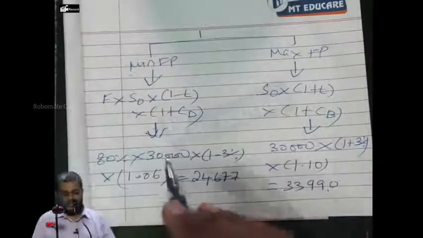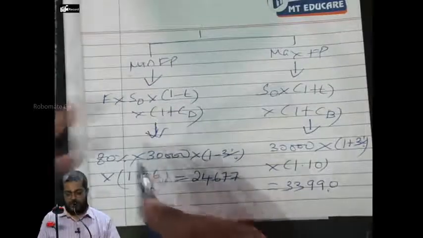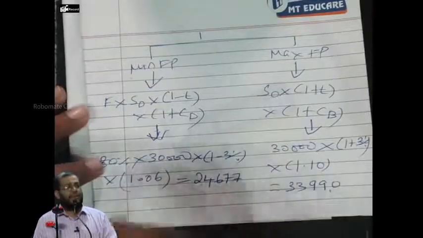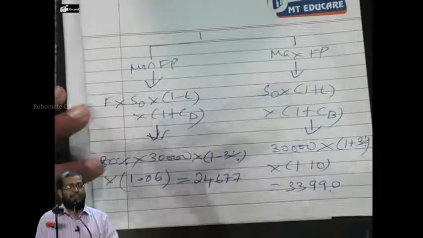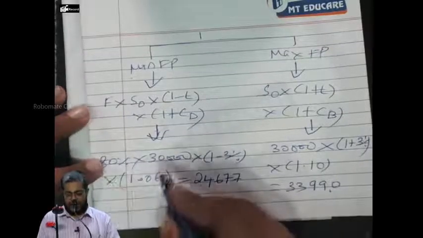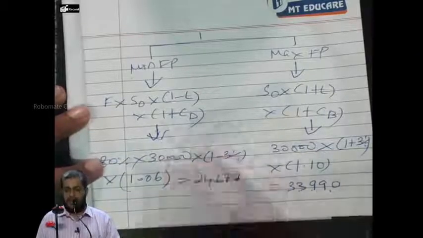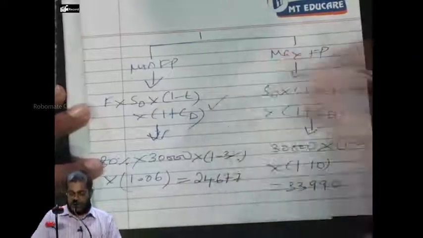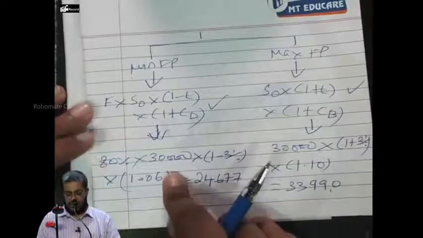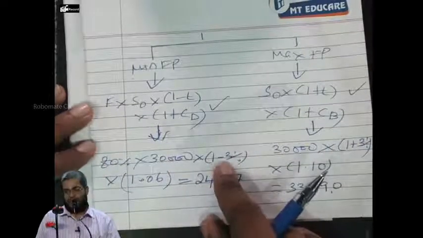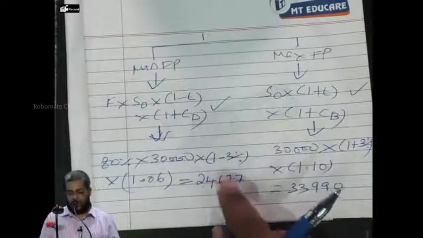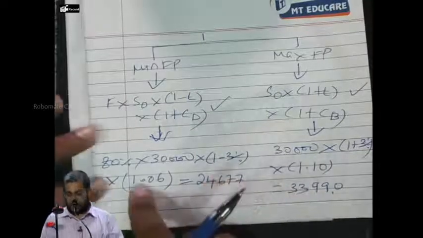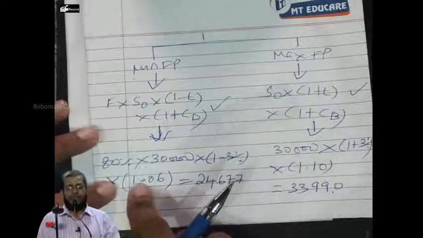Now, come to the left hand side, substitute the numbers in question number 24. What fraction amount is releasing? How much is releasing? 80%. It releases only 80% fraction of the short sale, 80% into what, the spot price? 30,000. 80% into 30,000 into 1 minus 3%, that is 97%, into 1.06, since the deposit rate is 6%.